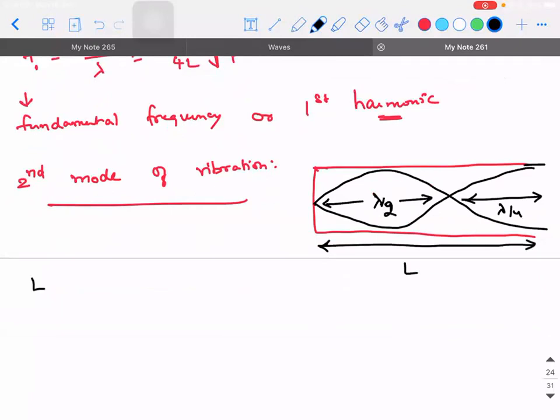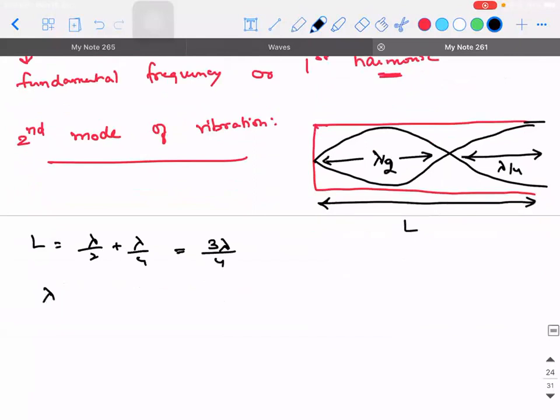Okay, so what will be the value of L? Lambda by 2 plus lambda by 4 will be equal to 3 lambda by 4. Got it, guys? So what will happen? Lambda will be equal to 4 times L divided by 3.